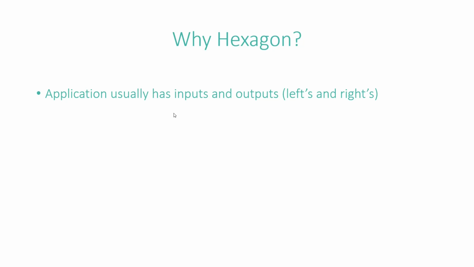Let's say the left side is input and the right side is output. Layered diagrams don't show the whole picture of our application. It's not easy to visualize our application with layered diagrams. They have some drawbacks.